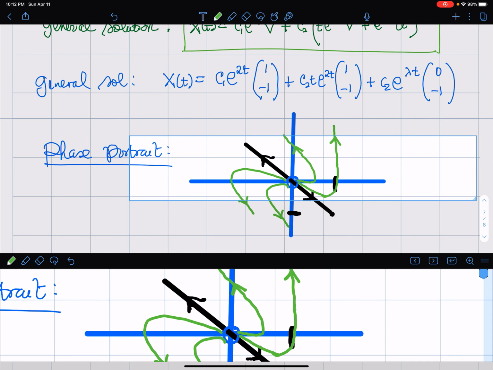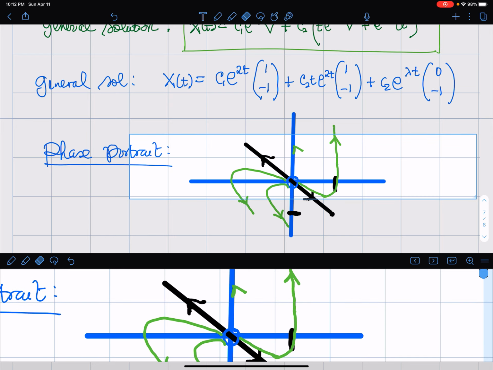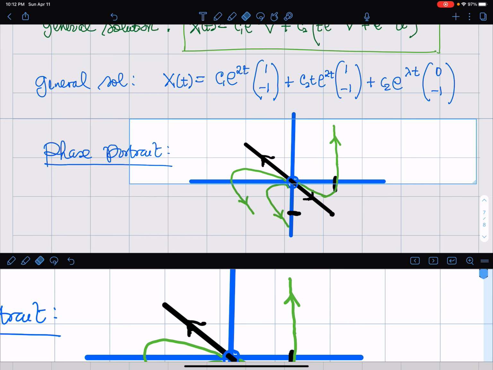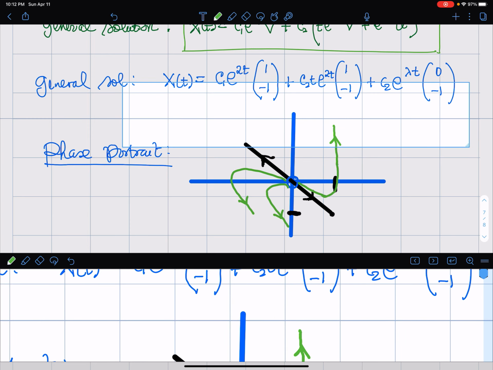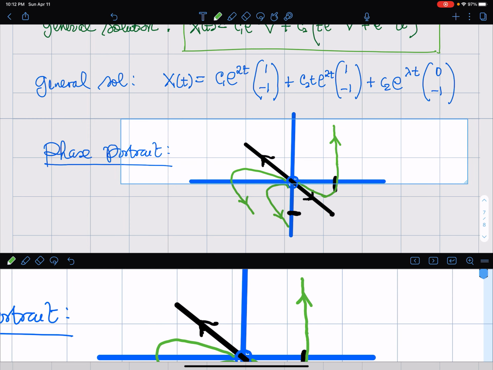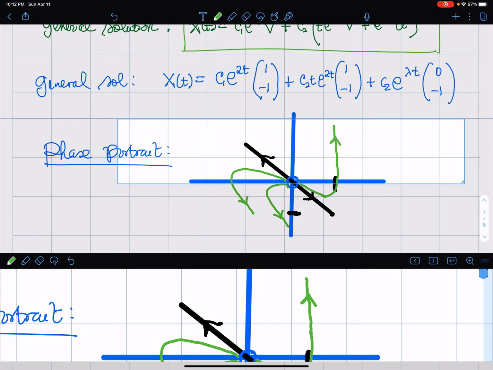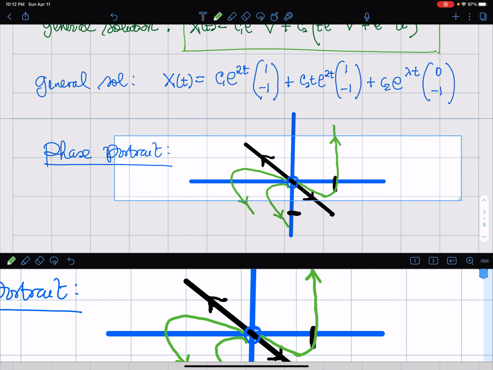So I need to do some correction, not too much, just a little bit. But the general behavior is still the same. You know what?